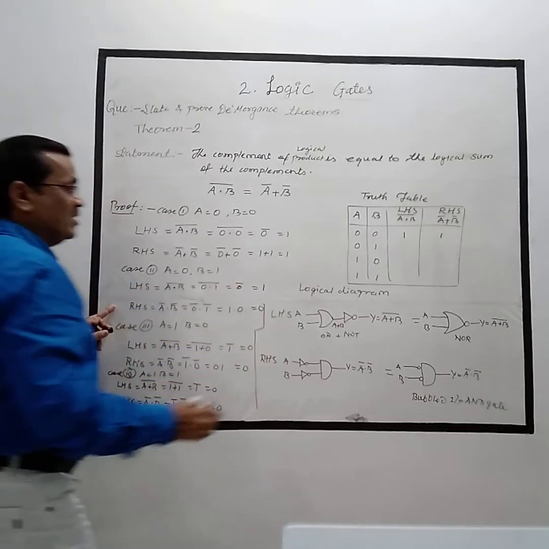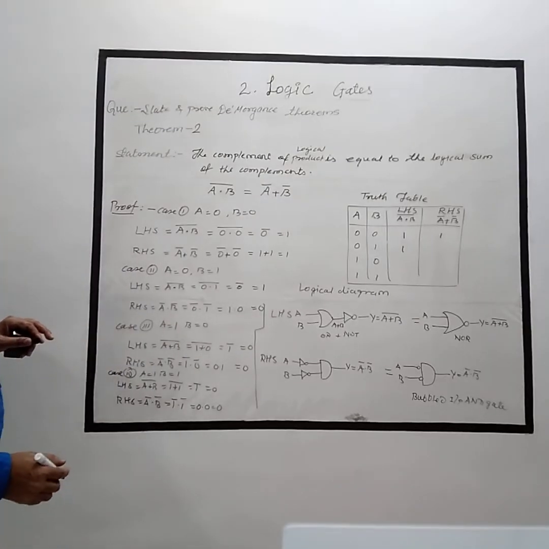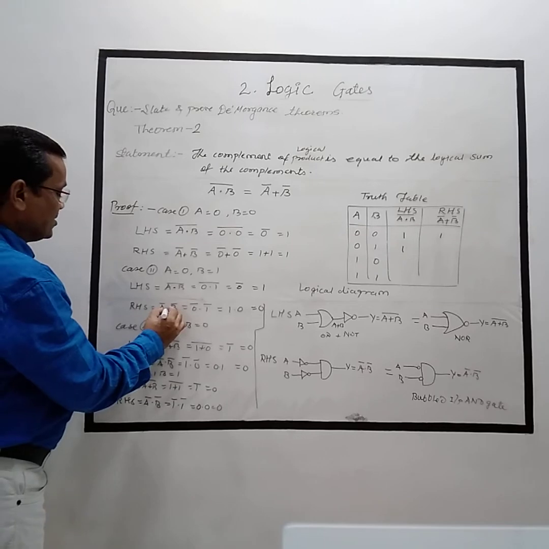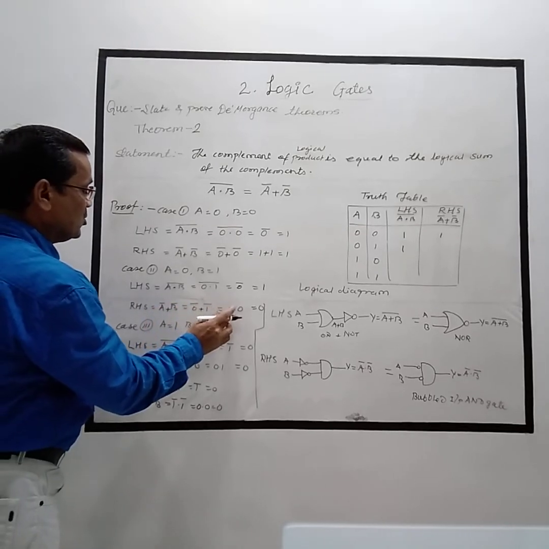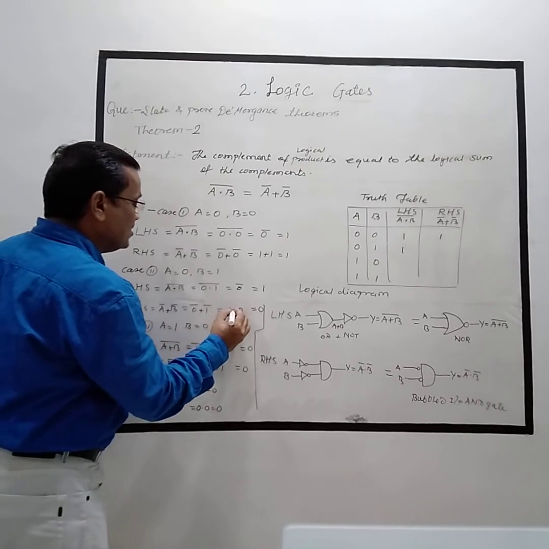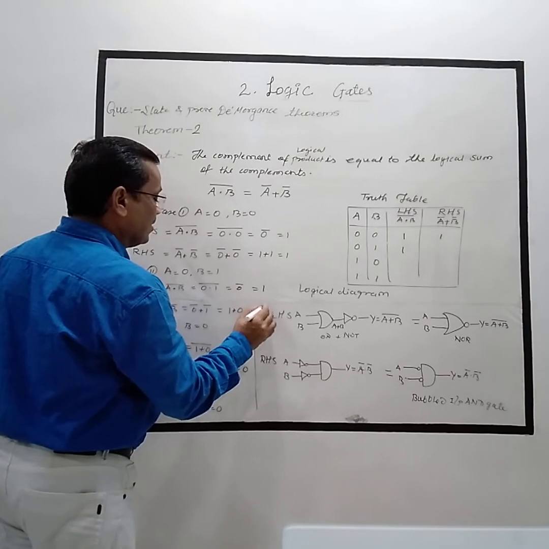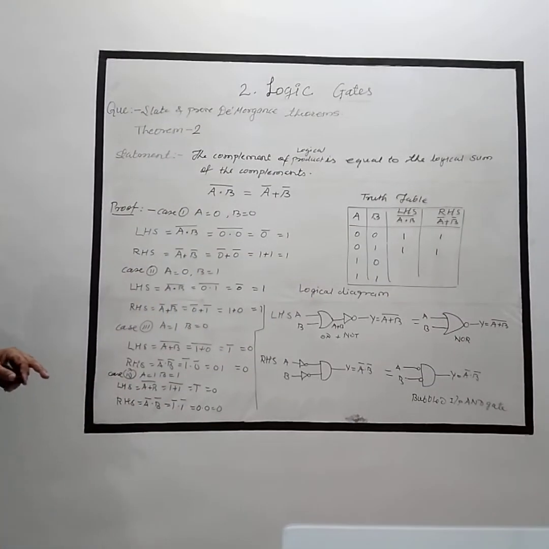So here it will be 1. Next, for RHS, here it should be plus. A is 0, 0's complement is 1 and 1's complement is 0. So adding these two, we will get 1 here. Here we will get 1 for the output.